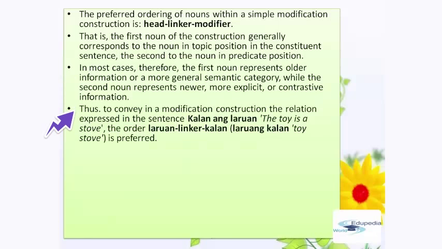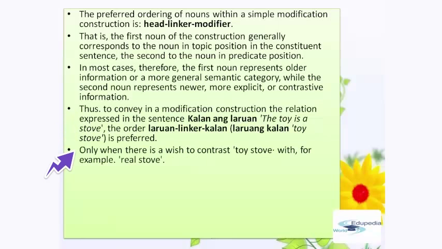Thus, to convey in a modification construction the relation expressed in the sentence Kalan ang laruan, the toy is a stove, the order is laruan, linker, kalan. Laruang kalan, toy stove, is first.